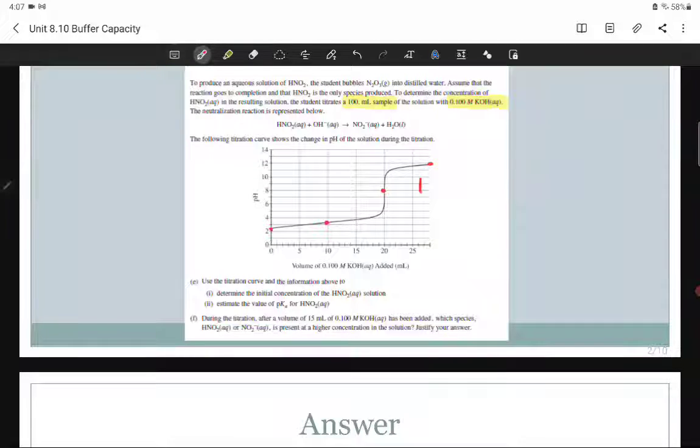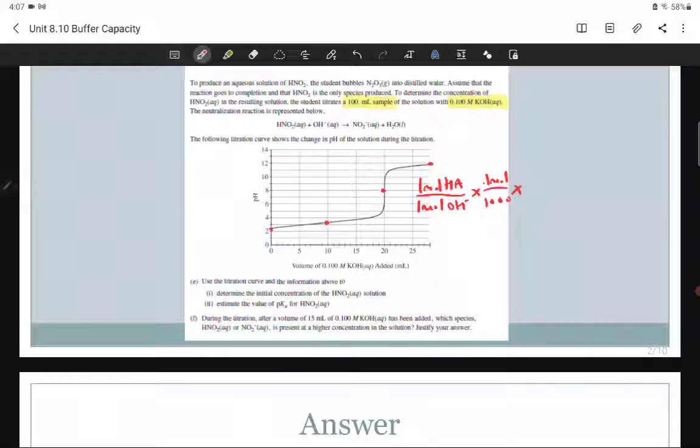So 1 mole of HA, not A, HA is equivalent to 1 mole of hydroxide. We have a 0.1 molar hydroxide solution, and it says initial concentration.